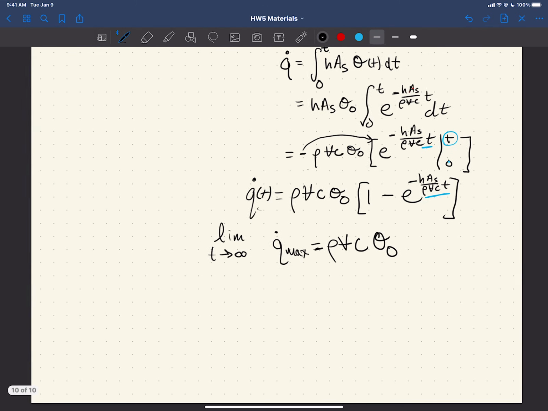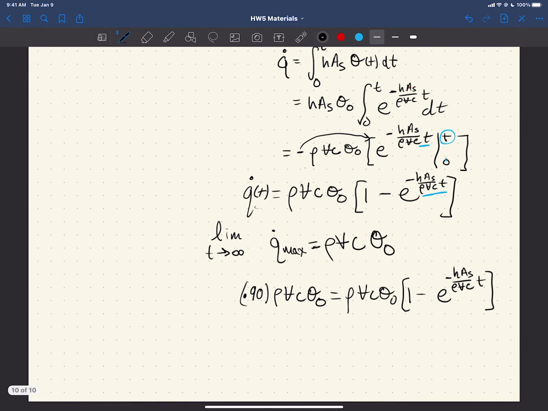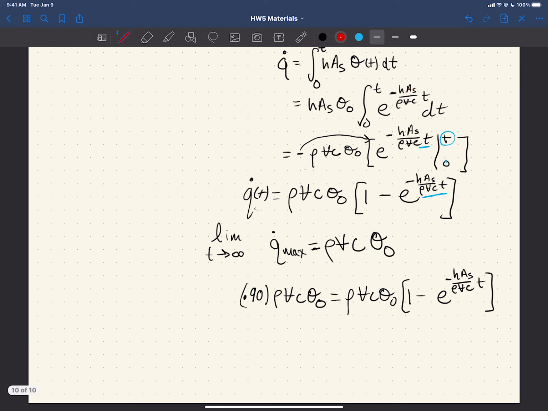All right, and then really what we want to know in the problem is when Q is 90% of that. So you need to go back up, and you're going to say that Q is 0.90 times rho VC theta naught, which is equal to rho VC theta naught times 1 minus e to the minus hAs over rho VC t. And that rho VC theta naught is going to cancel.